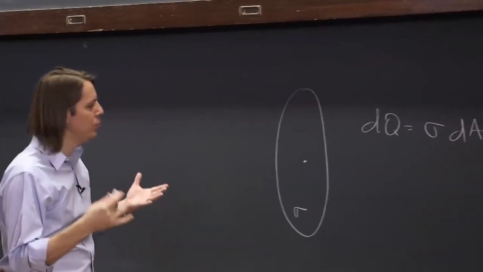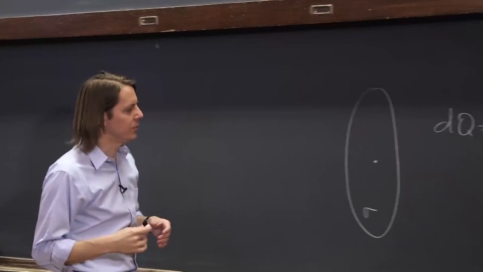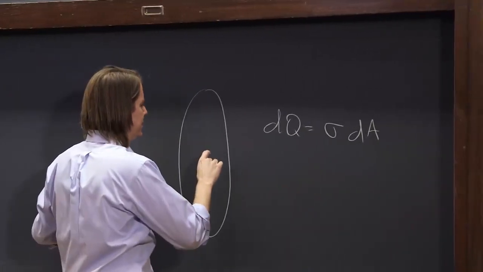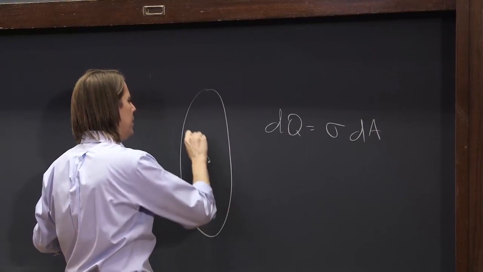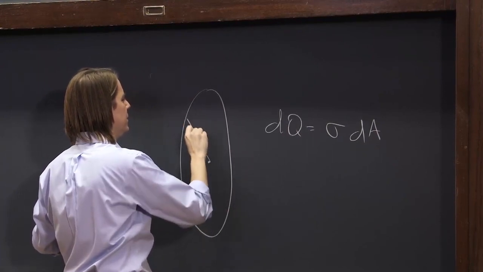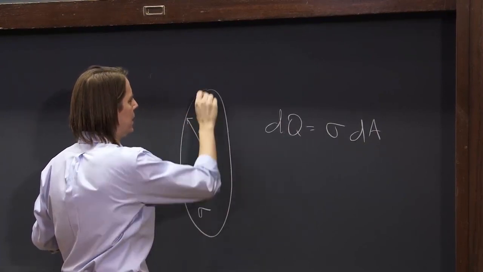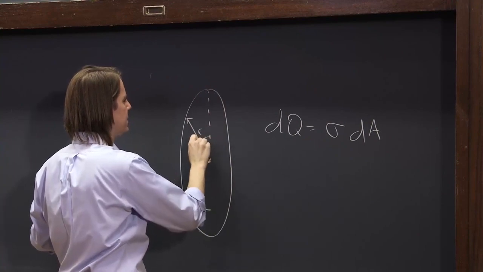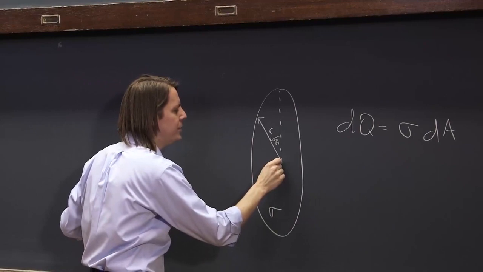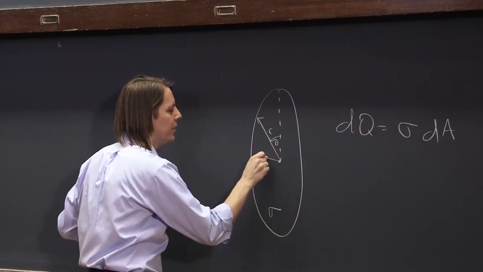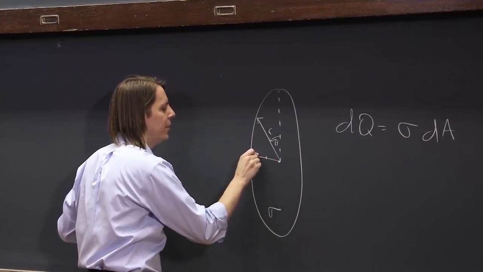So how do you draw a dA on this circle? You're going to have to vary r and theta. Let's say you come out here. This is r, and this is theta. Let's pick a little differential area. You come out to a certain r and stop, and then go a little bit farther.